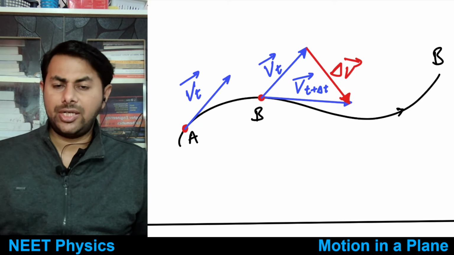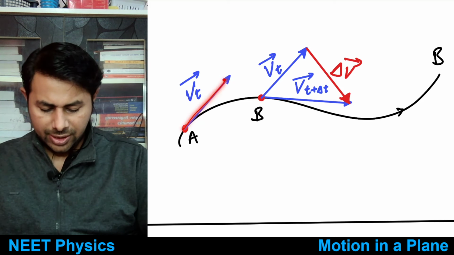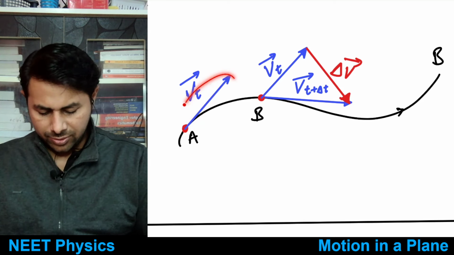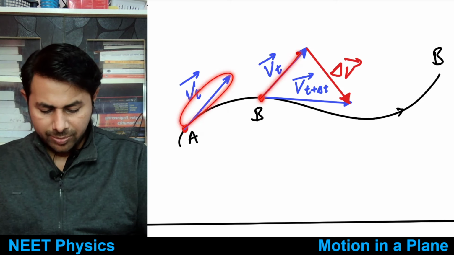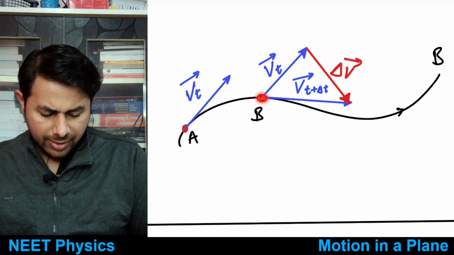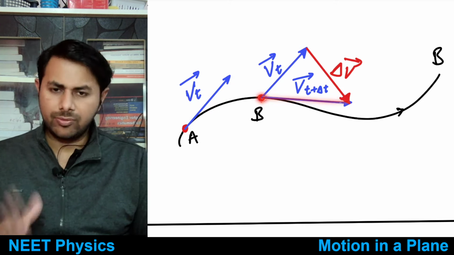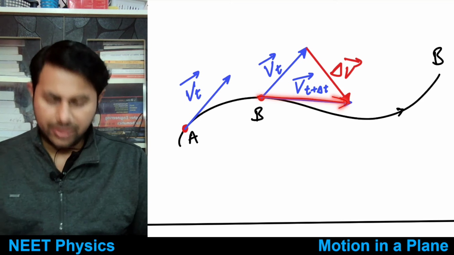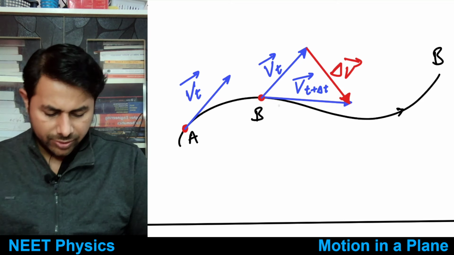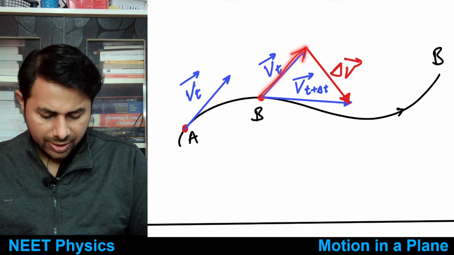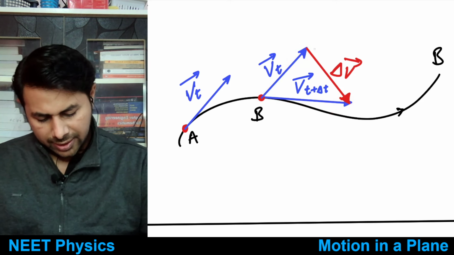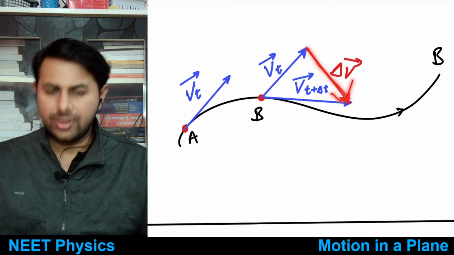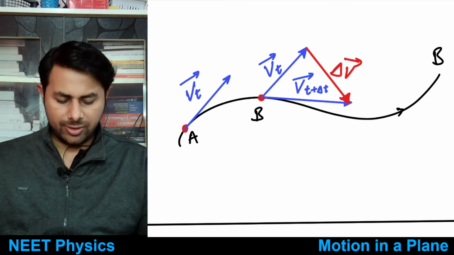So how much is the change in velocity? This is the initial velocity vector whose size is this much. You take it, you draw it at point B. This is the final velocity vector, for motion from A to B. So you subtract this initial velocity from the final velocity, and then you get this vector.